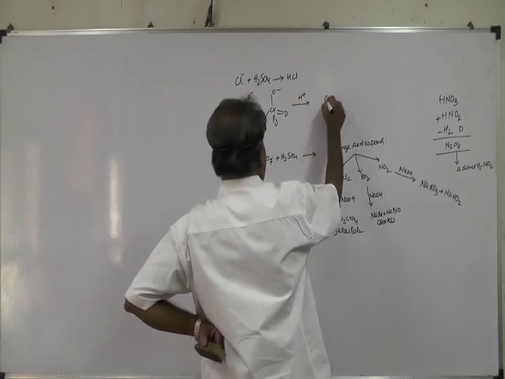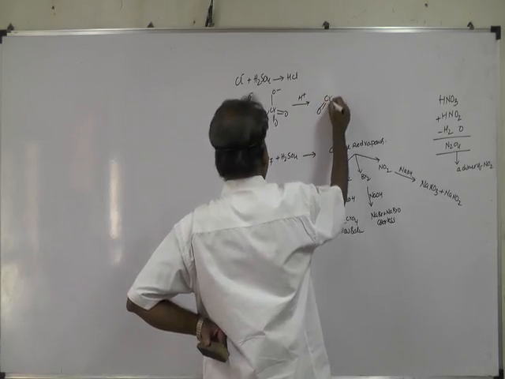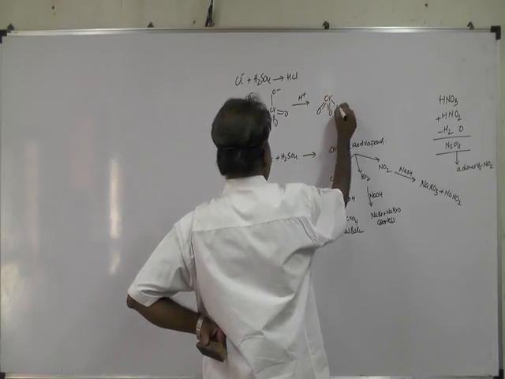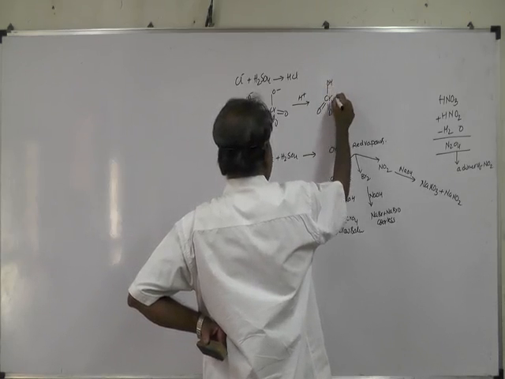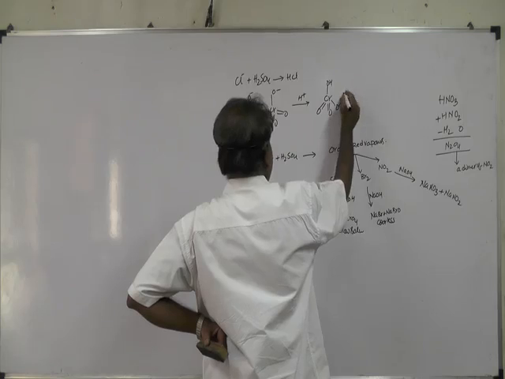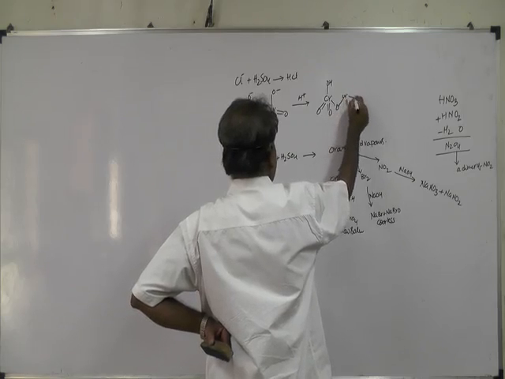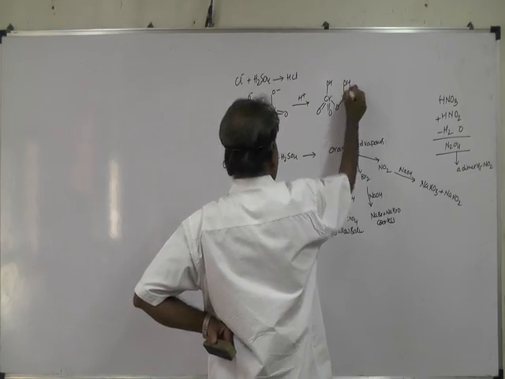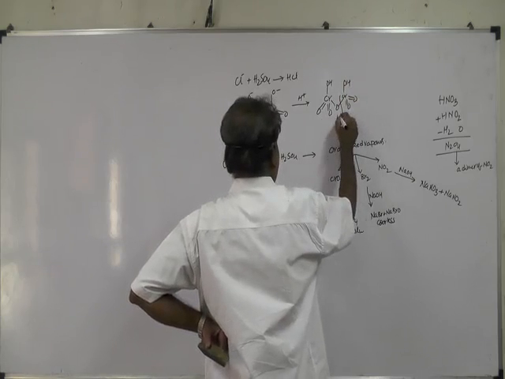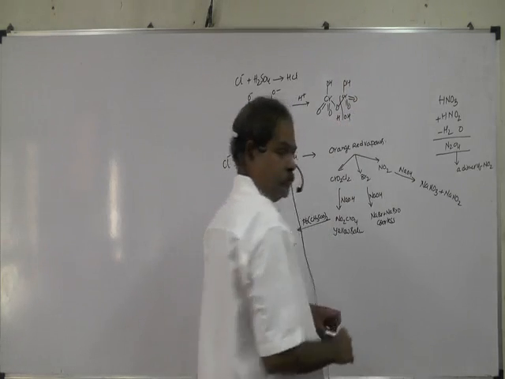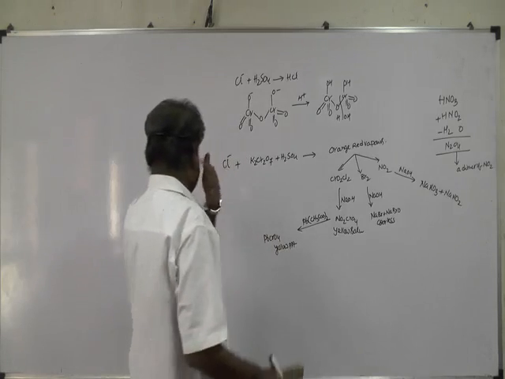Acidification, you get dichromic acid. And this dichromic acid undergoes hydrolysis, HOH, and you get chromic acid.